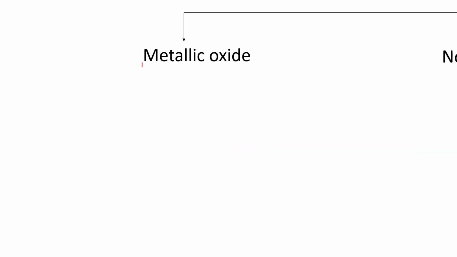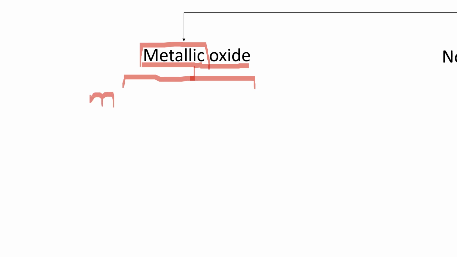Now first let's have a look at metallic oxide. You can identify this compound by its name, metallic. Metallic oxides are composed of two things. First is metal. In the periodic table, we do have so many metals. So in them, the metal plus oxide ions. Now what are oxide ions?